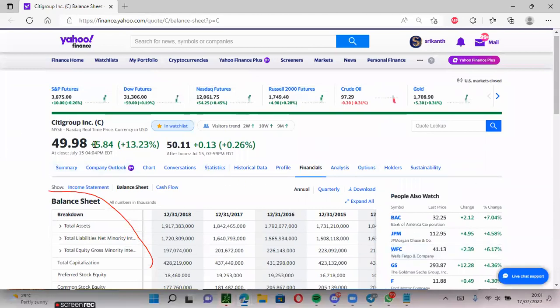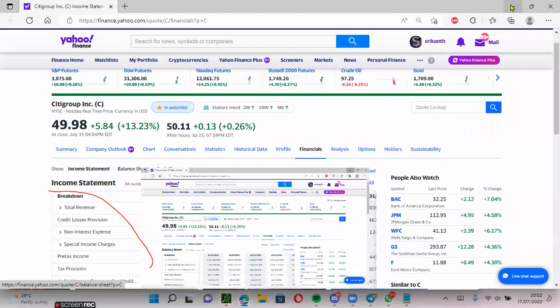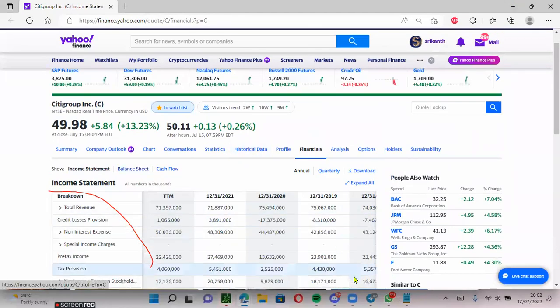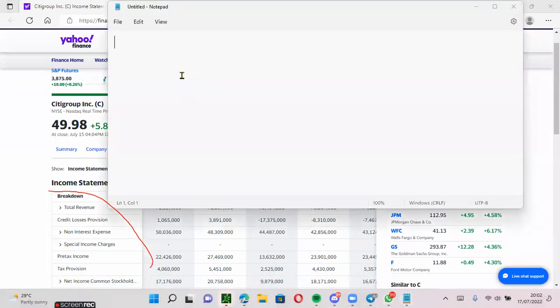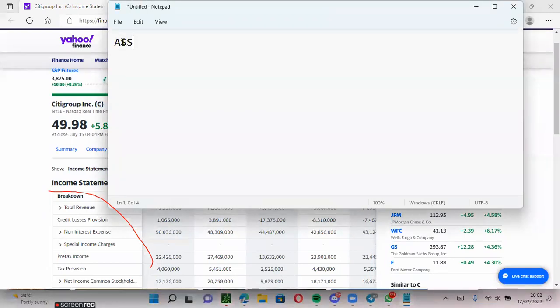Book value is something they calculate fundamentally, based on assets and liabilities.